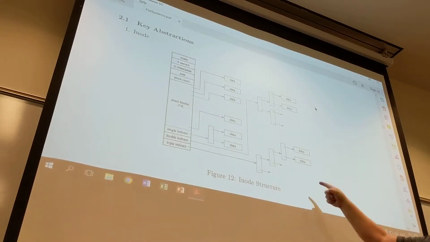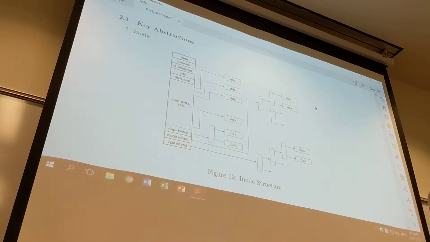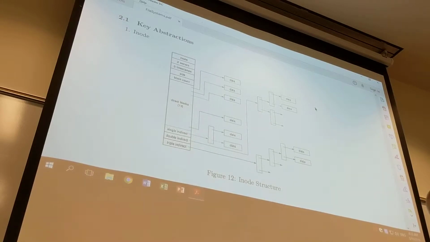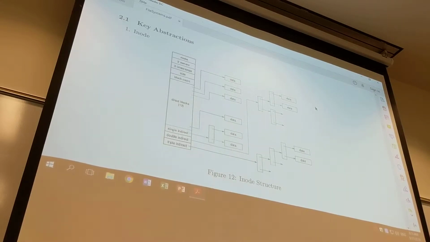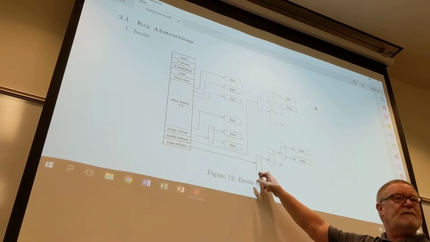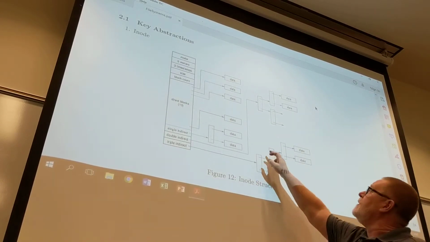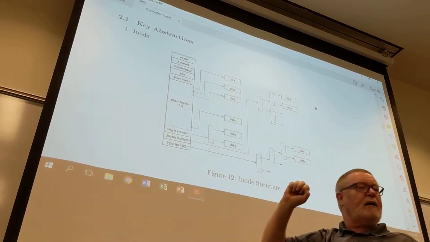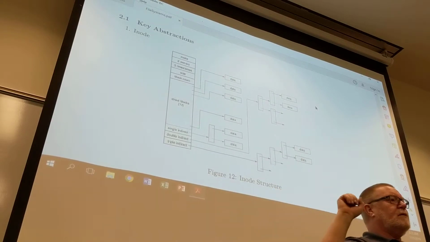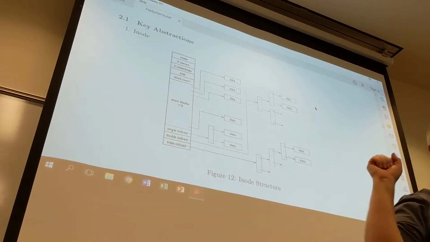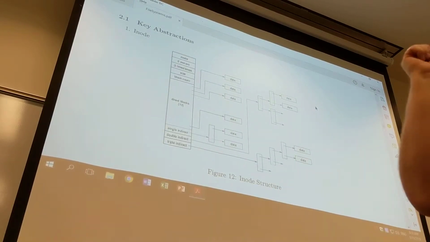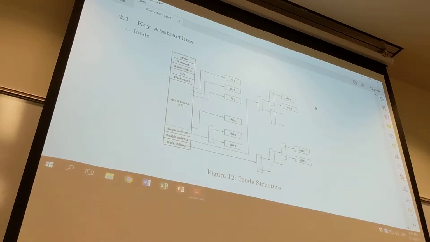How many pointers can we get in one of these blocks? 1K. So that would be 1K of these 1K blocks, or 1K times 4 megabytes, or 1K times 1K times 4 kilobytes, right?